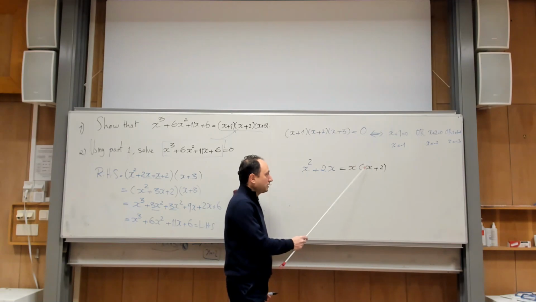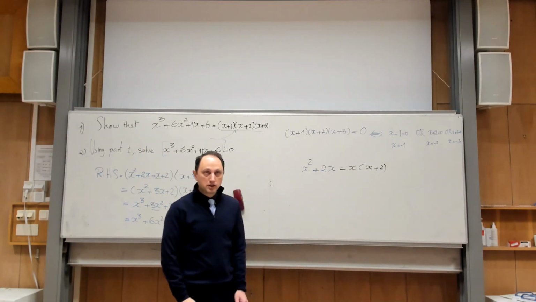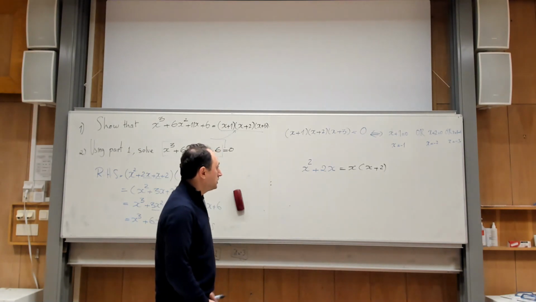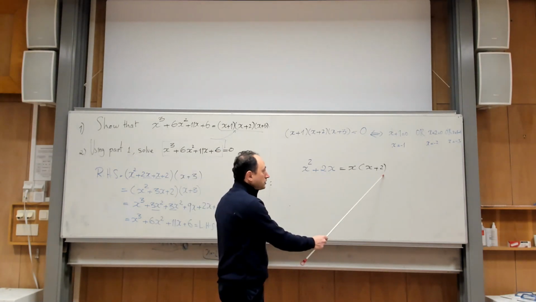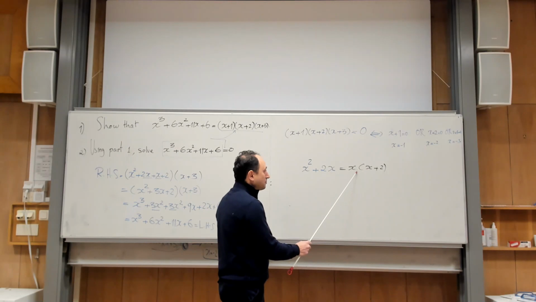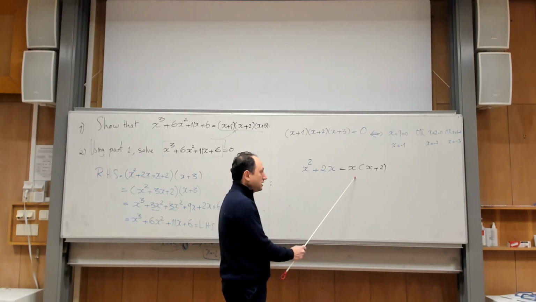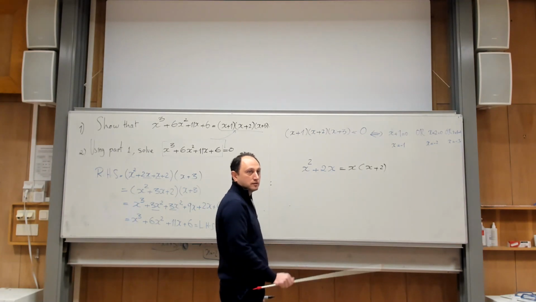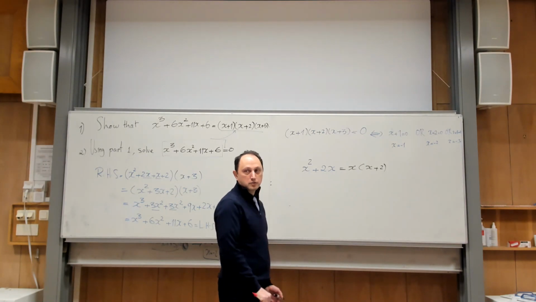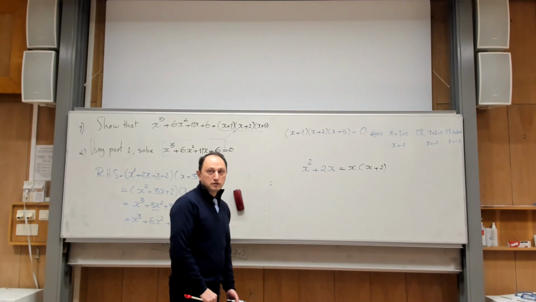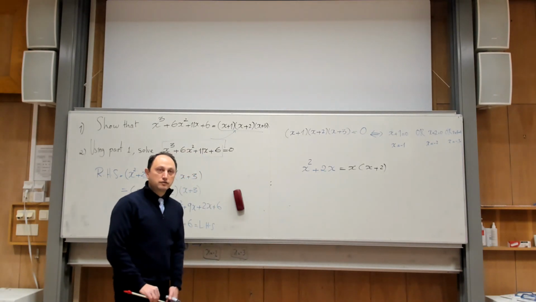Multiply this back. x times x is x squared, x times 2 is 2x. So that is true, but is it a product form? Yes. It's the product between this as one factor, x. What is the name of the other factor? x plus 2. So that is the factorization of that.